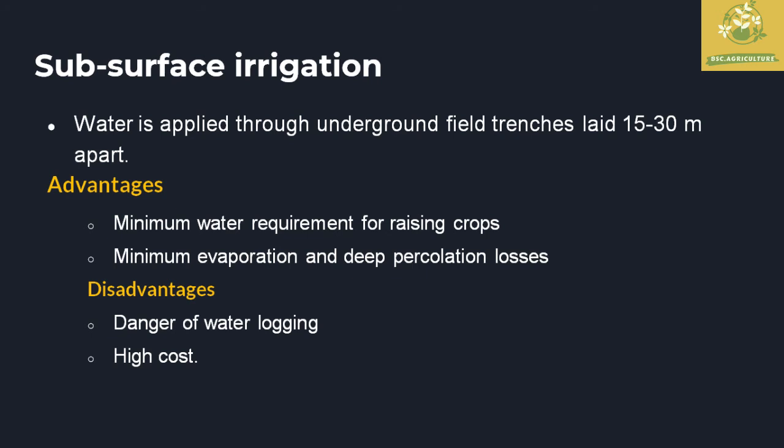The advantages of subsurface irrigation are the minimum water requirement for raising crops, as well as minimum evaporation and deep percolation losses. The disadvantages are that there can be waterlogging in any part of the field, and it also has a higher cost compared to surface irrigation.